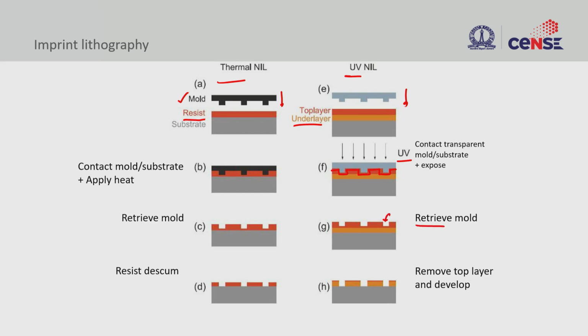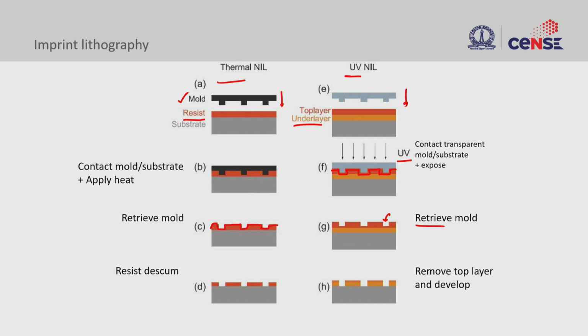On the other hand, you have thermal nano imprint lithography, where after putting it together you heat it. When you heat it, the polymer takes the shape of the mold, and then you cool it down, and after cooling and retrieval, you will see the soft layer on the wafer takes the shape of the mold.